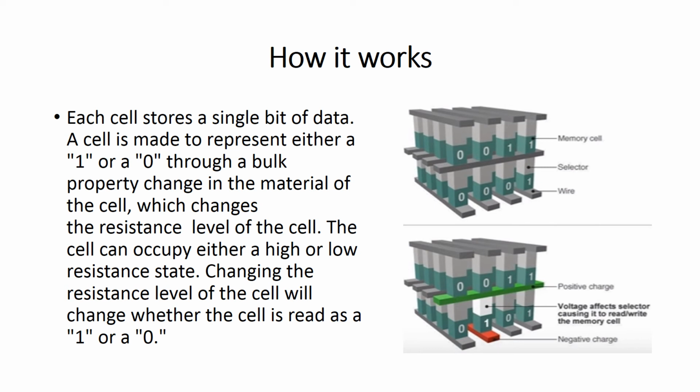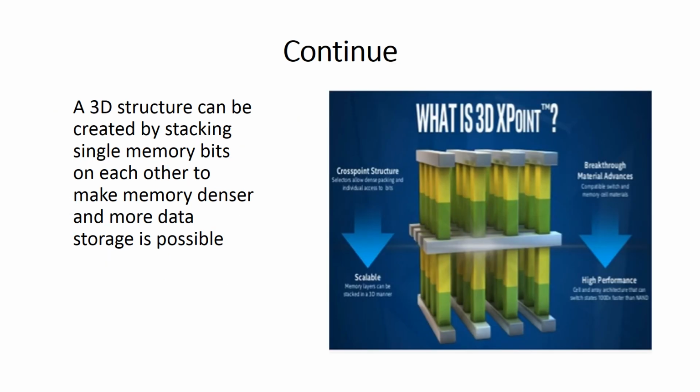For the read operation, a different voltage is sent through to determine whether the cell is in a high or low resistance state. As we can see in the picture, a 3D structure can be created by stacking single memory bits on each other to make memory denser, and more data storage is possible by stacking more than one layer over another. That makes it 3D crosspoint memory technology.